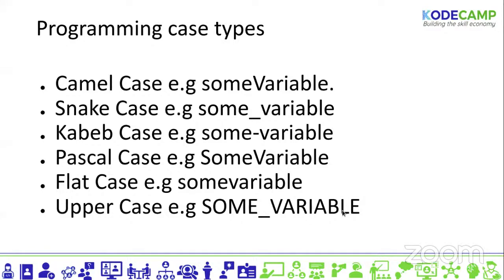So let's see how to actually use this. Now, don't worry about all this. What you would mostly use in JavaScript is camel case and snake case. So these two are accepted by JavaScript. So you have camel case, and then you have snake case.